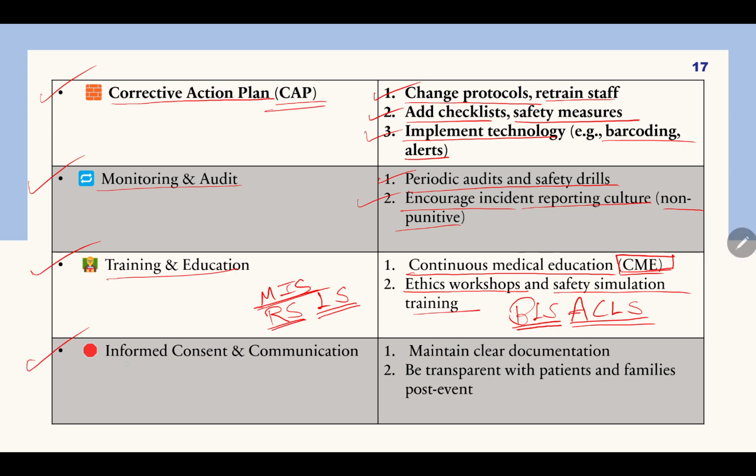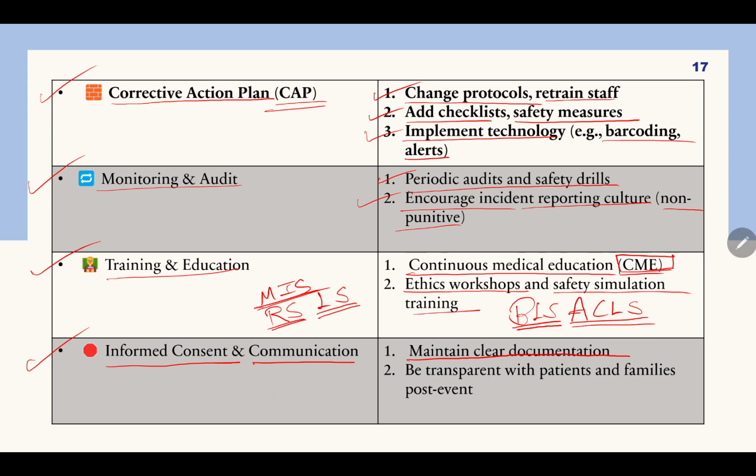Then what is informed consent? Informed consent and communication, that maintain clear documentation. Yesterday I taught you consent wala thing. So informed consent is a written form of consent where a patient knows each and every detail about his or her operation and surgeries and everything, in his or her vernacular language. It is clear documentation.